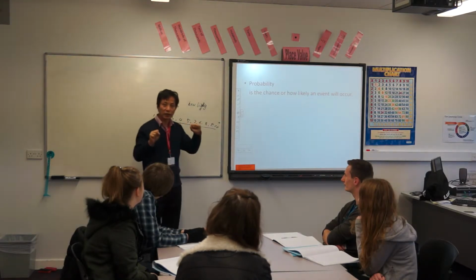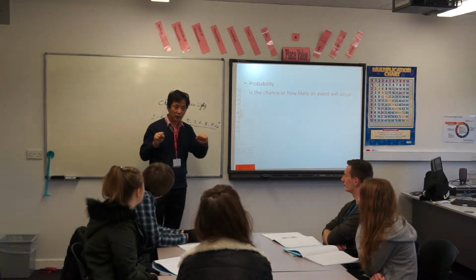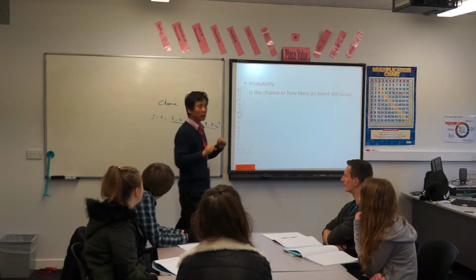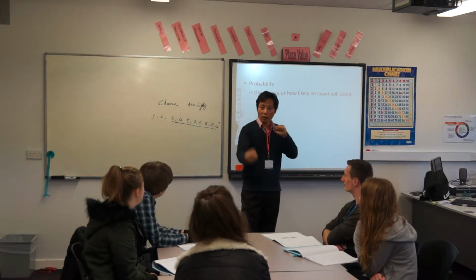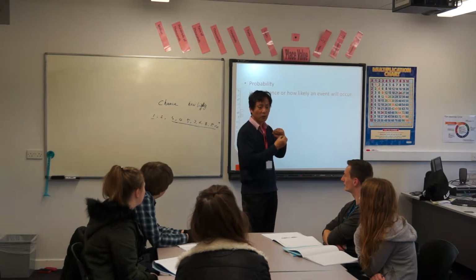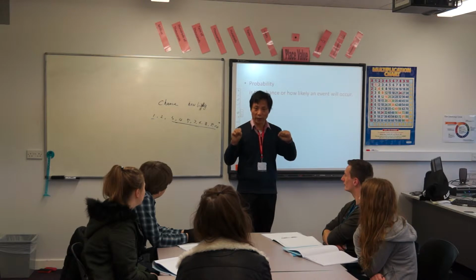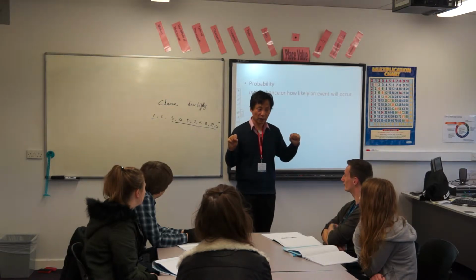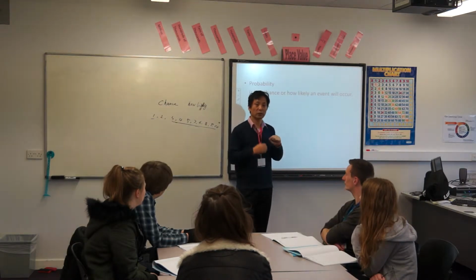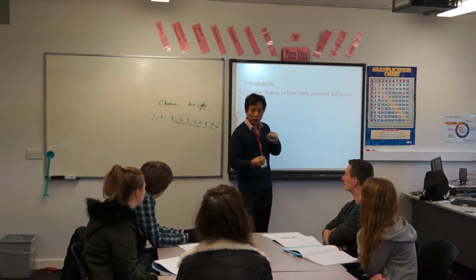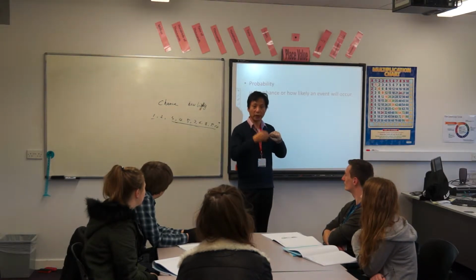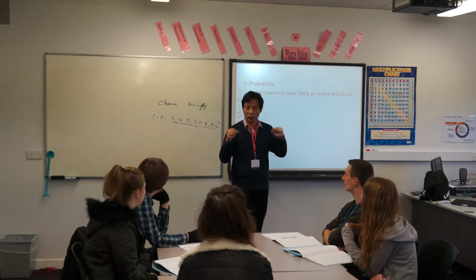So different events have different chances. And we need to know how large the chance is, how small the chance is. We need to compare the chances of different events. So how to describe the difference? How to compare which is large, which is small?